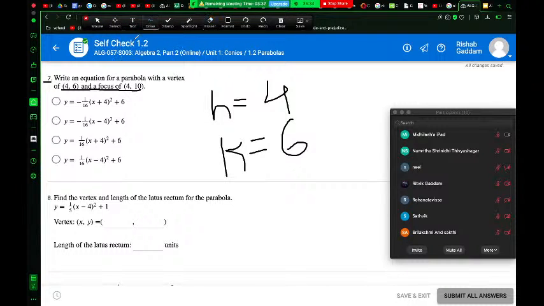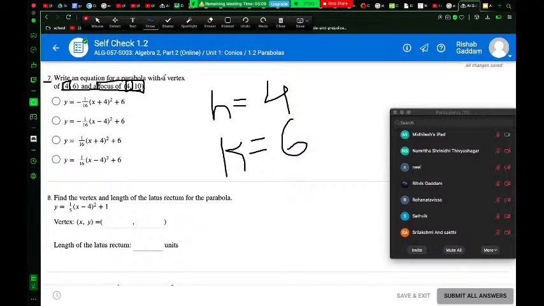I'm not saying you're wrong. I'm just asking why. I actually don't know if you're wrong or right yet. Okay. So it says it has a focus of (4, 10). So as you can see, the focus of this and this are the same. So we can refer back to here to know that it's a vertical parabola and not a horizontal one.